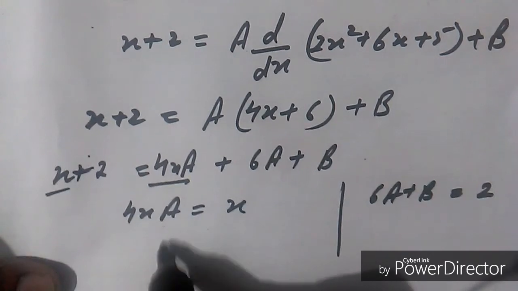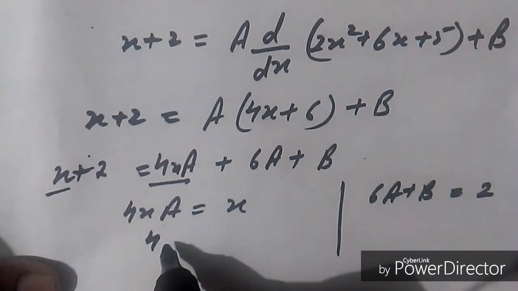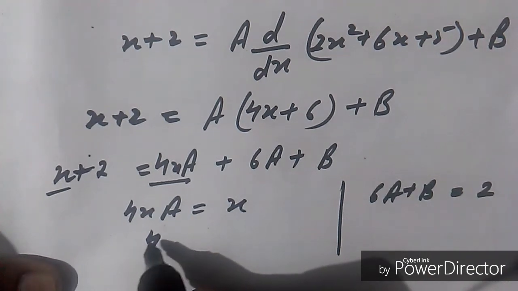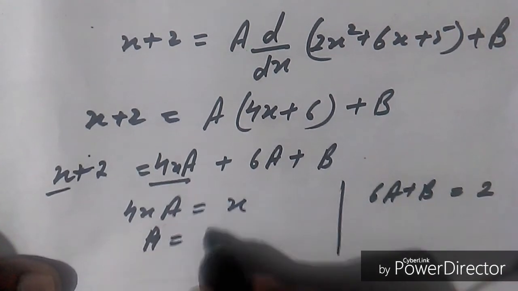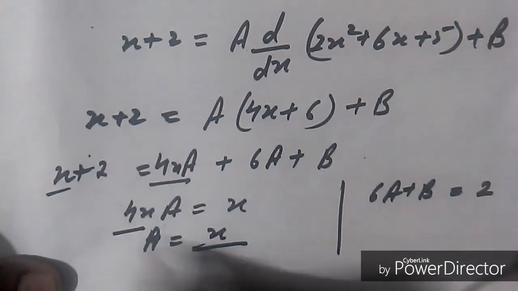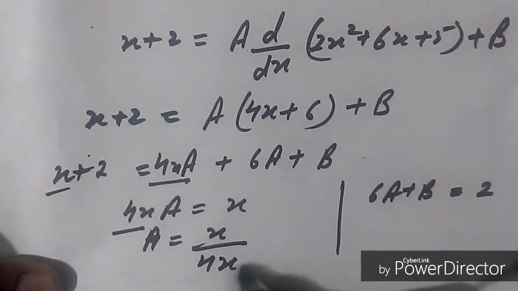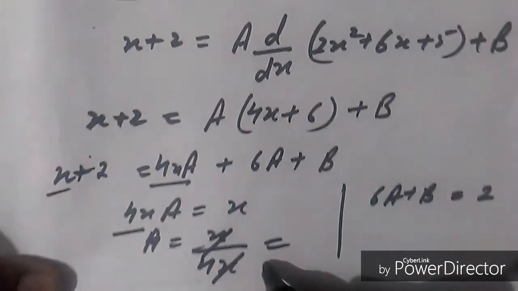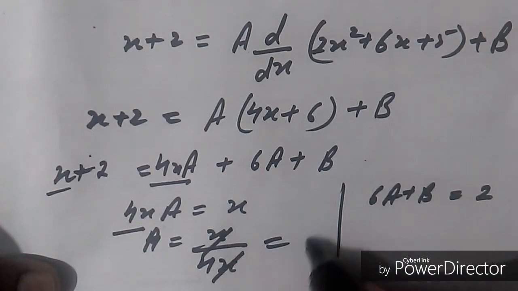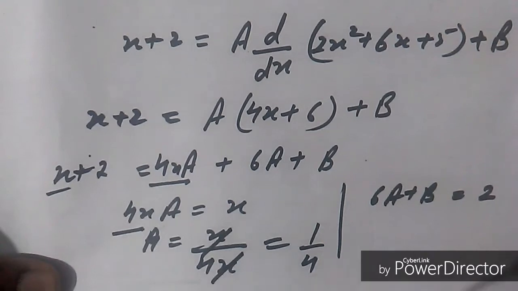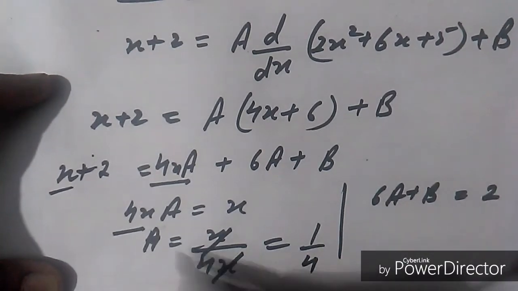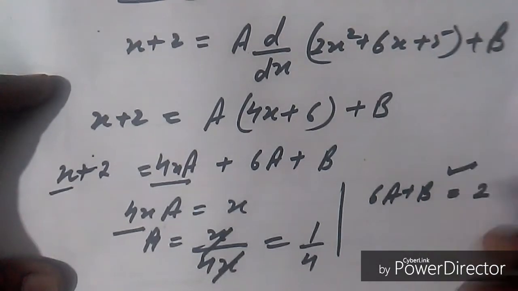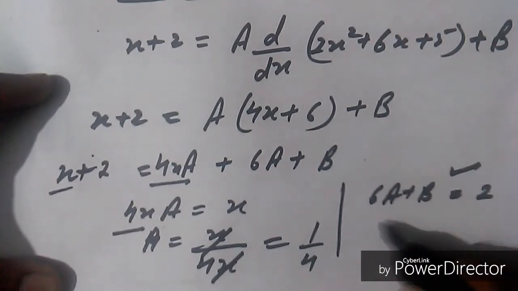Then 4a is equal to x, and x comes in the denominator, so x is divided out, and the value of a is 1 by 4. And now we put the value of a in this equation and find the value of b.